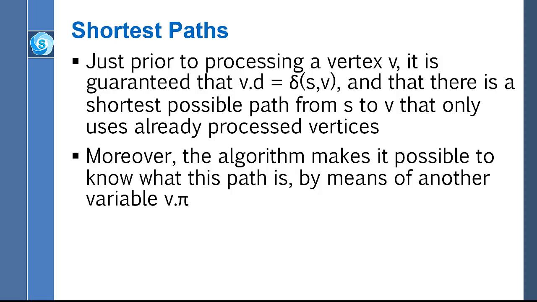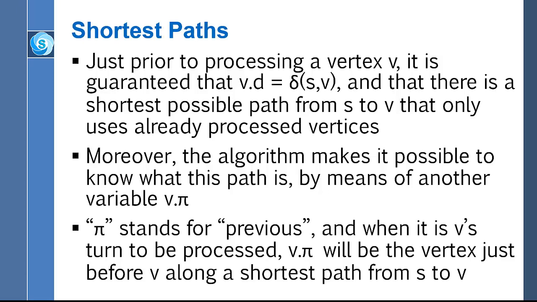So whatever vertex V.pi is, that vertex comes immediately before V along a shortest path from S to V. So there is an edge connecting V.pi to V. The pi here stands for previous.